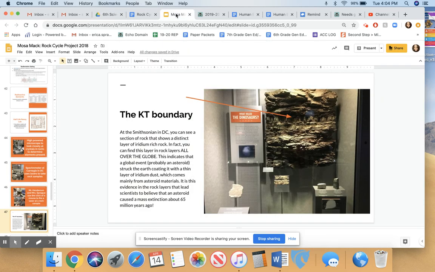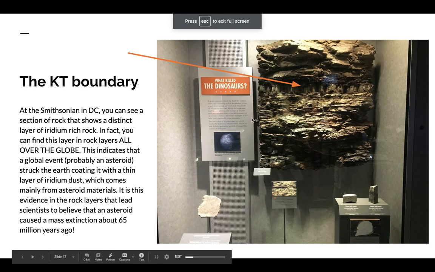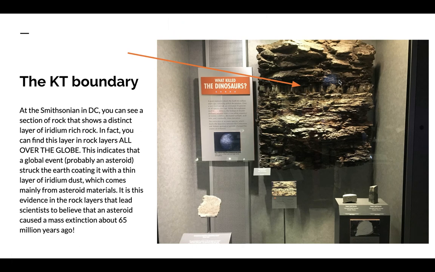They're gone. And all across the world, any rock samples that were studied showed this irregular pattern in the rock cycle. We now call it the KT boundary. This is a thin layer of iridium dust, and iridium is an element that's pretty much only found in asteroids and meteors that hit the Earth.